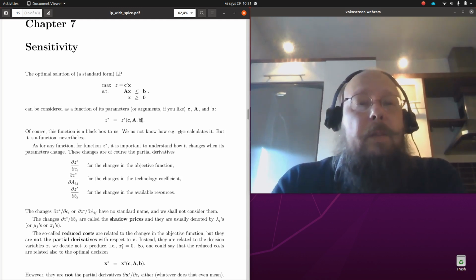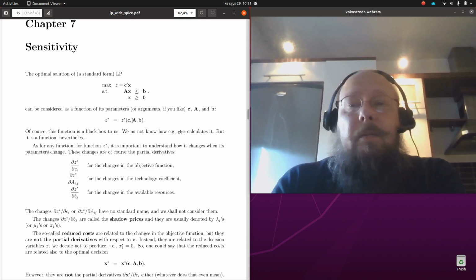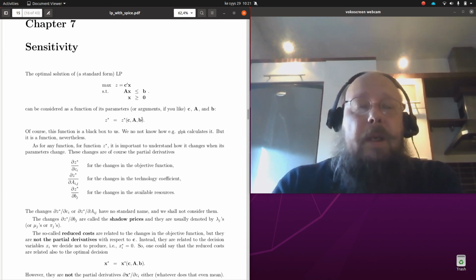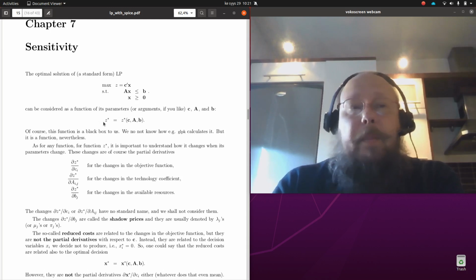Also, we might want to change them a little bit, or they could change by themselves. For example, if this were the bakery problem, the b's are the resources, and someday we might get a little bit more or less of some resource. There could also be changes in technology, why not?